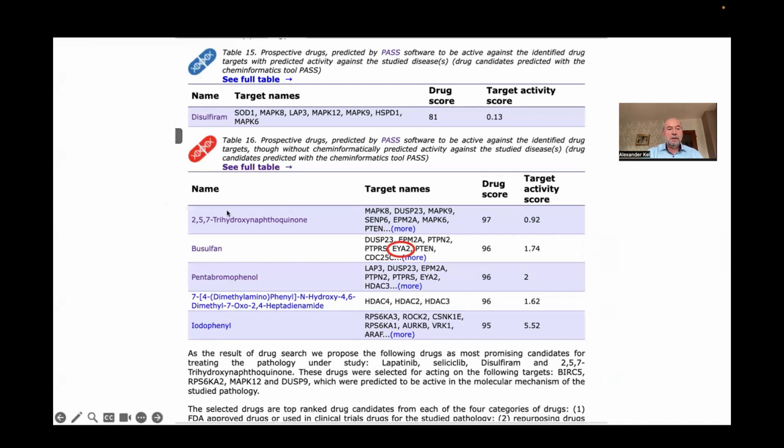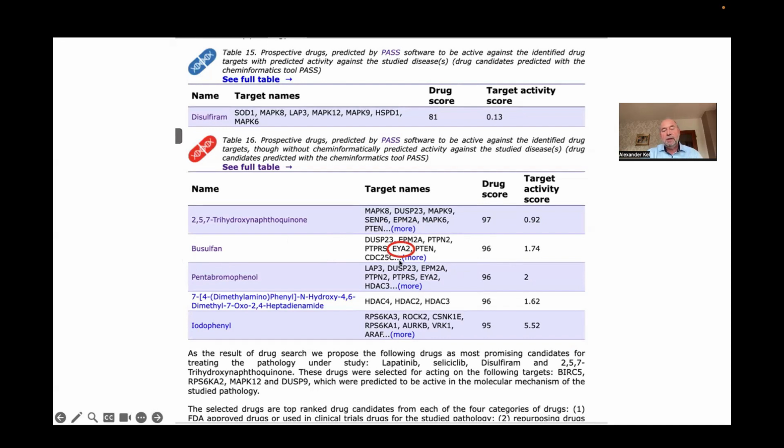And for instance, this is a result of such screening, and it gives us busulfan as one of the top candidates, because using PASS, using prediction of activity, we found that it predicts very high PA for those targets which we predicted as master regulators.